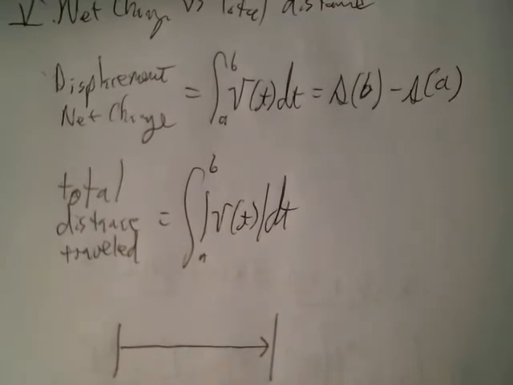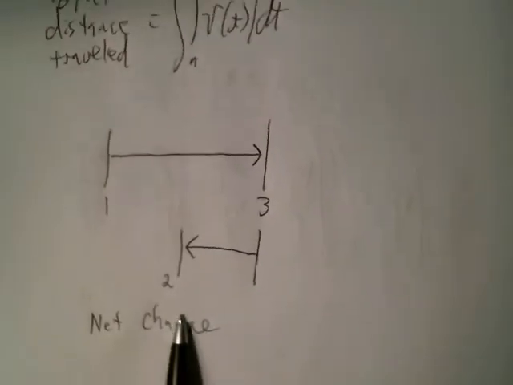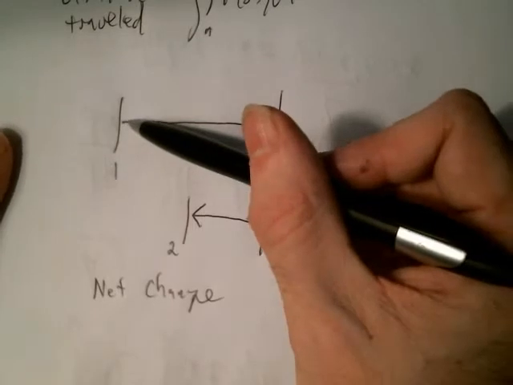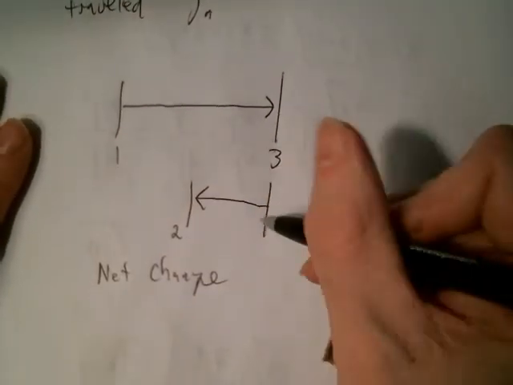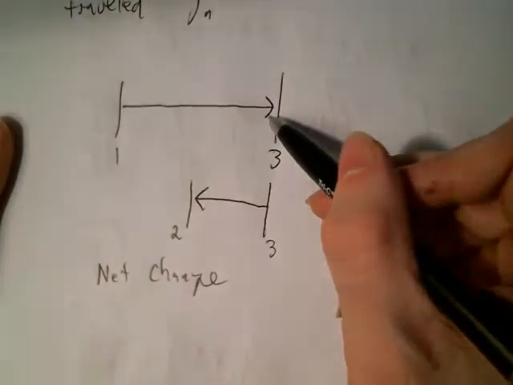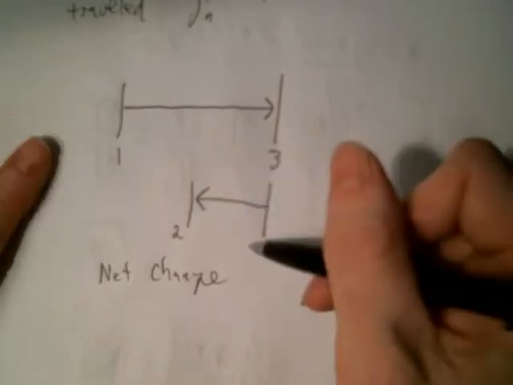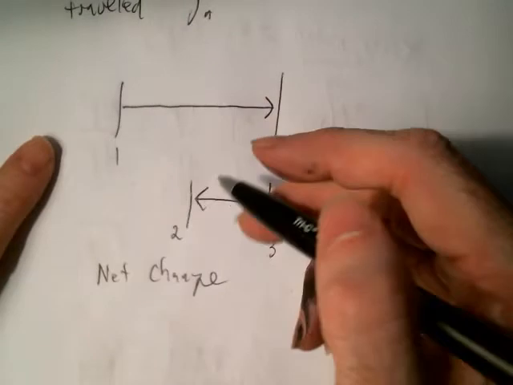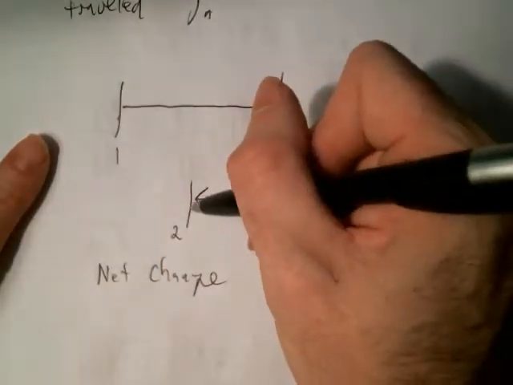The net change is just the difference between the ending point, and sorry, I went off the page again. So, all right, so I'm going from 1 to 3, and then from 3 to 2. My particle goes here to here, and then here to here. So the net change is the difference between the ending point and the starting point. It's just 1 unit, going from here to 2.